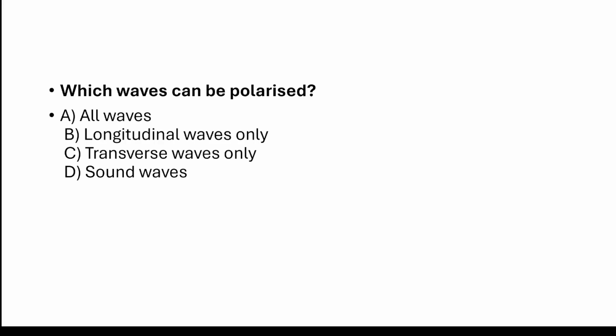Now, which kind of waves can be polarized? Only transverse waves. We know that electromagnetic waves are transverse. Transverse means the oscillations are perpendicular to the direction of energy transfer. So if your energy is transferred in this direction, your oscillations are in a plane perpendicular to the energy transfer.